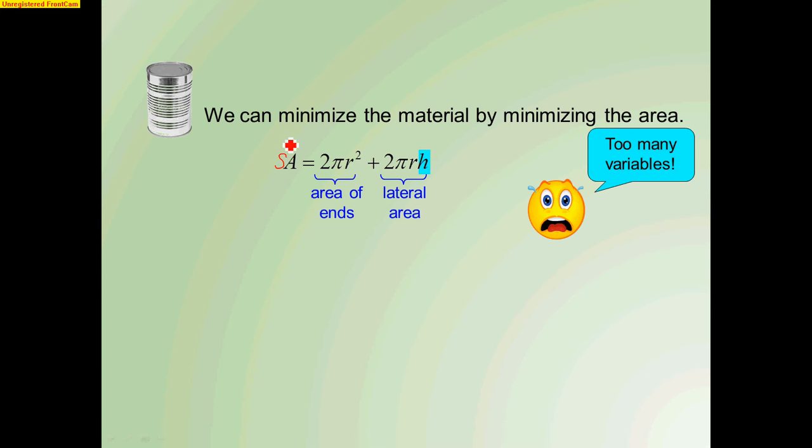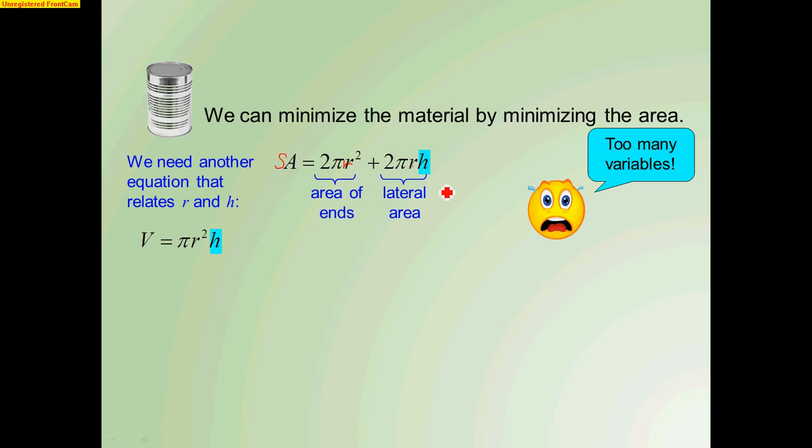When I've had area before, I wrote it in terms of x. But here I have a radius and I have a height. That's too many variables, and I need to have 2. So I say to myself, I need some way to replace either r or h in terms of the other. Since I only have one h, I'll think about getting rid of that.